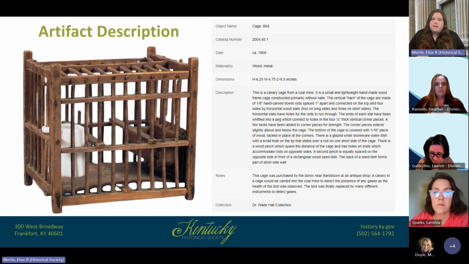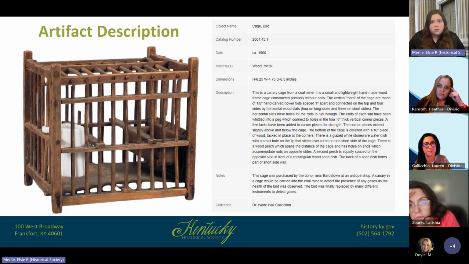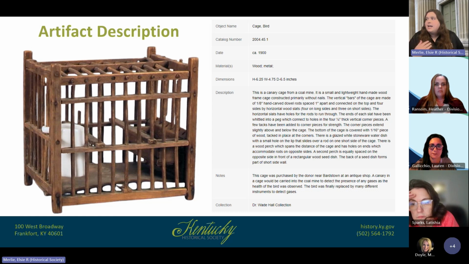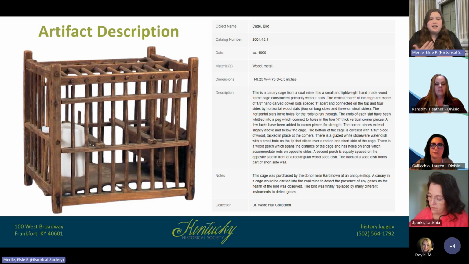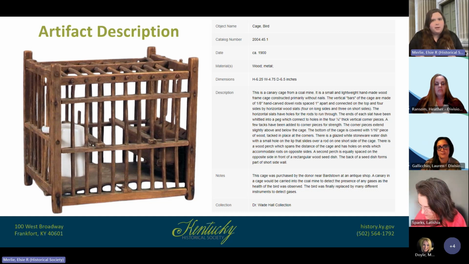Something very cool that I learned just going through this learning experience is that they used to use birds and canaries alike to detect the presence of gas in the coal mines. Because of their such small systems, the canary would unfortunately pass out if there were gases present, and that would alert the coal miners to exit immediately. And a lot of the time, the canaries would be revived.